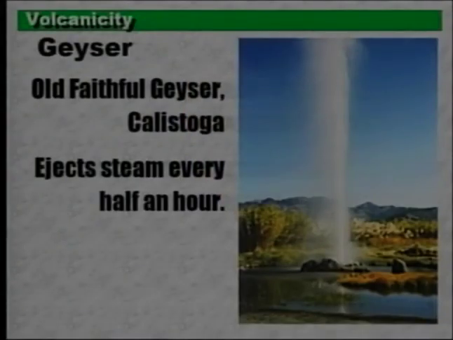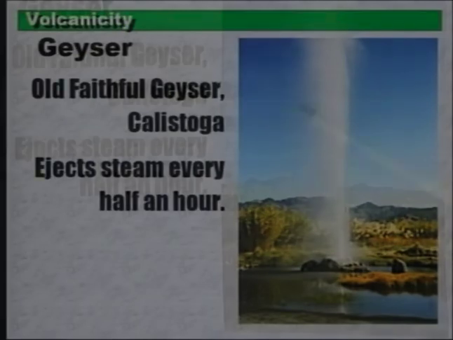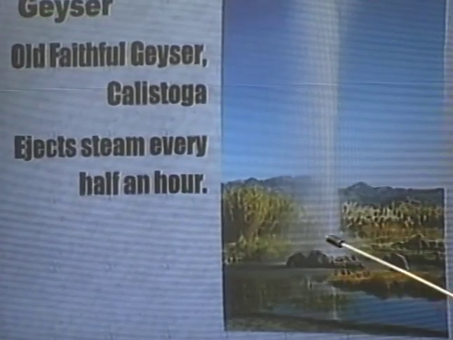Okay, let's look at another photograph showing a geyser again, but this time the Old Faithful geyser, Calistoga, and note that this is in United States or USA. And here we also have the information to tell us that this particular geyser ejects steam every half an hour. So it will eject steam to certain heights, and then it ceases or it becomes dormant, pressure builds up again, and then the next half an hour, the releasing of the steam or the water again.